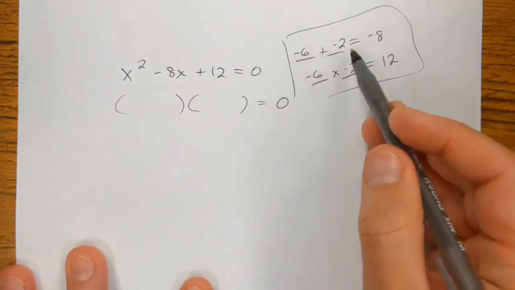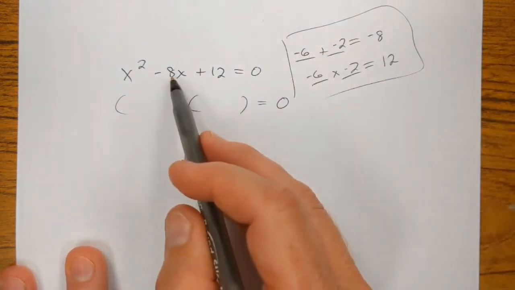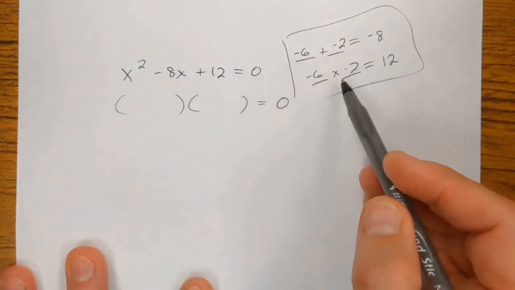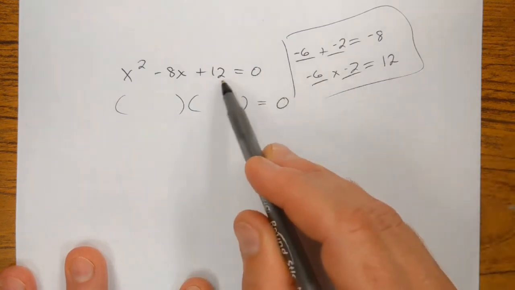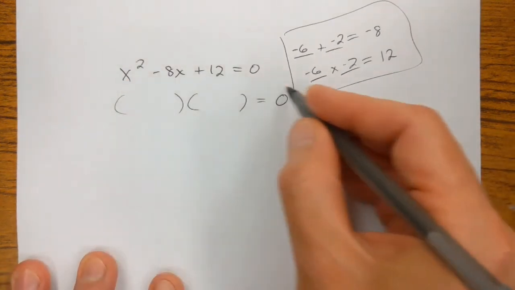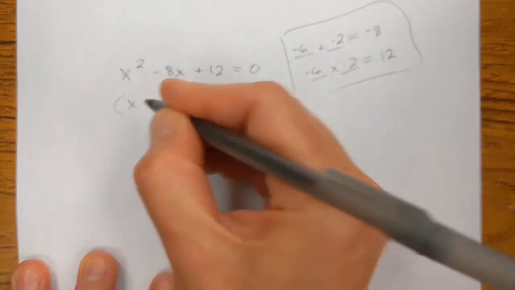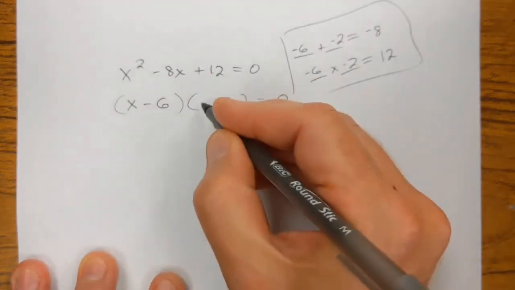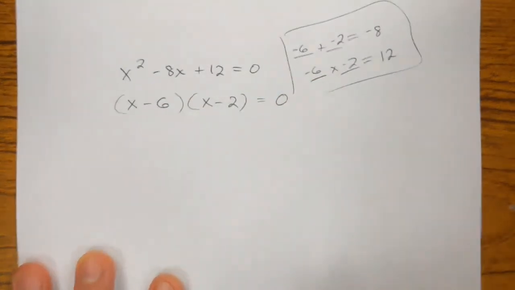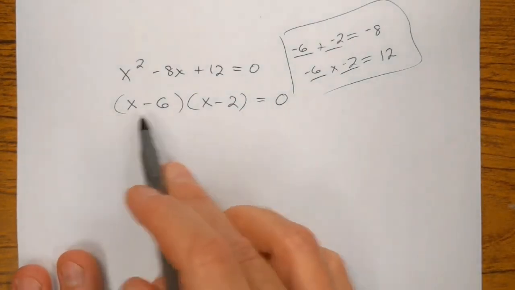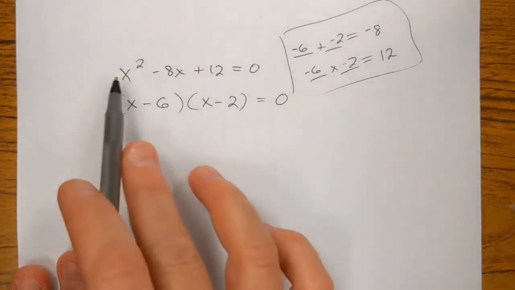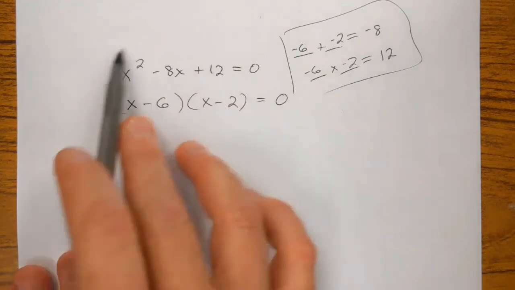Okay, if you do negative 6 plus negative 2, you get negative 8. If you do negative 6 times negative 2, you get positive 12. What you can do is factor this quadratic equation into x minus 6 and x minus 2. If you were to FOIL x minus 6 times x minus 2, you would get this as a result.